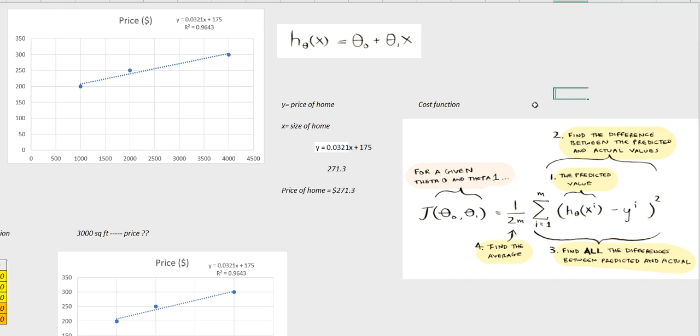Or if I take the average mean of the residual sum square.